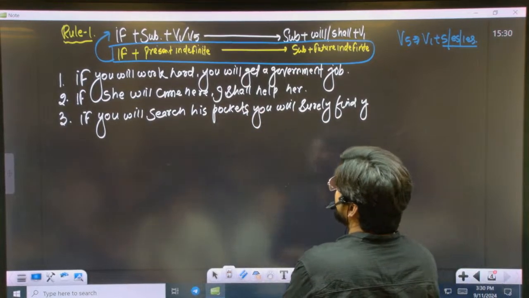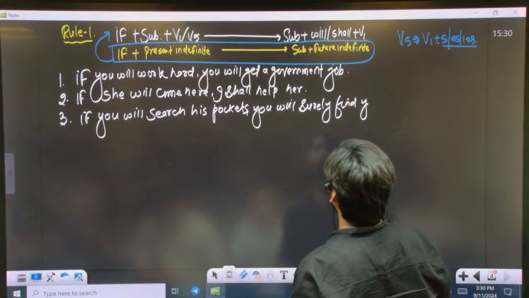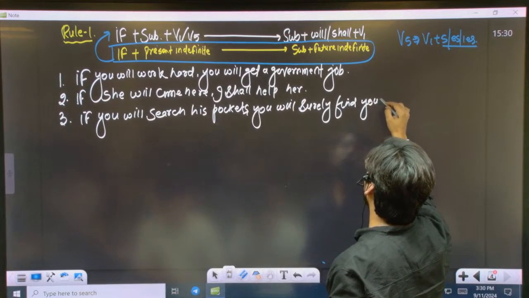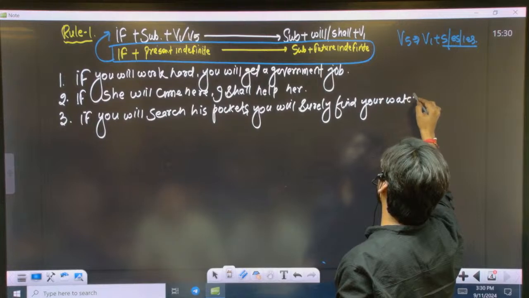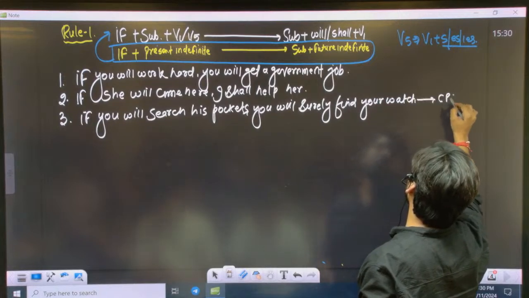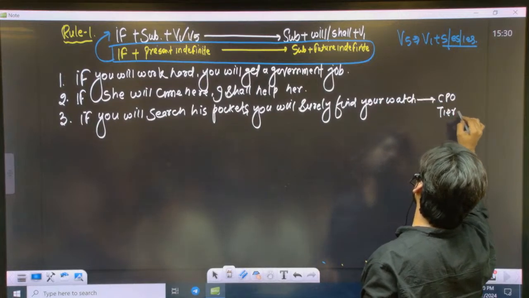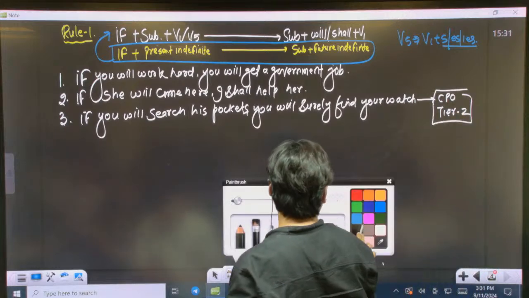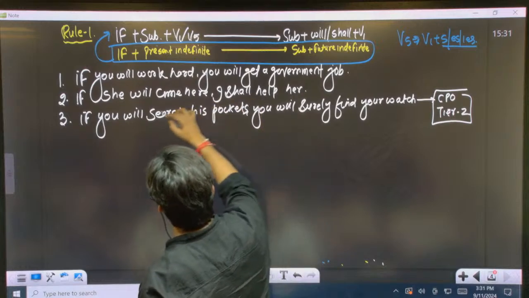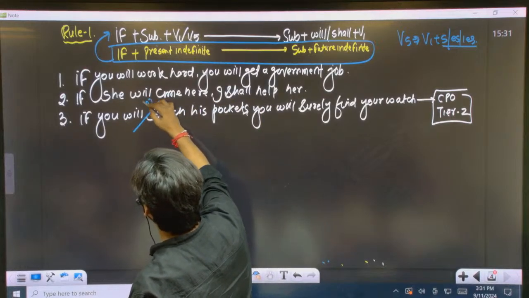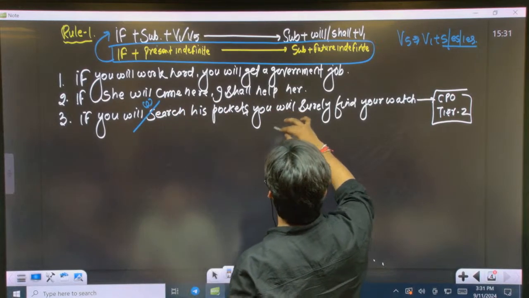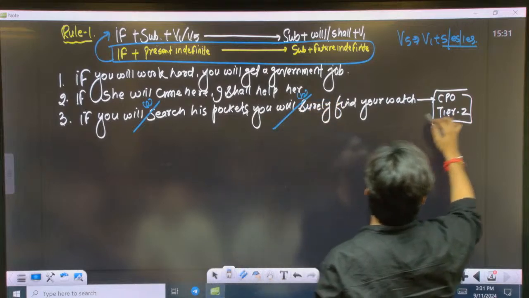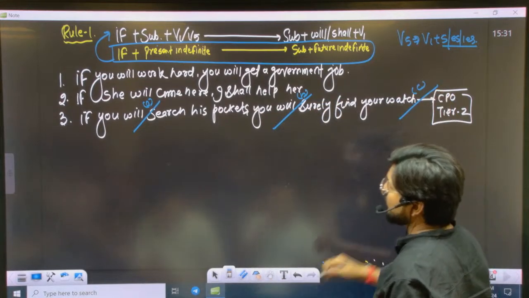This question has been asked in CPO Tier 2 examination. The options were like this: A option, B option, C option, or last is no error.